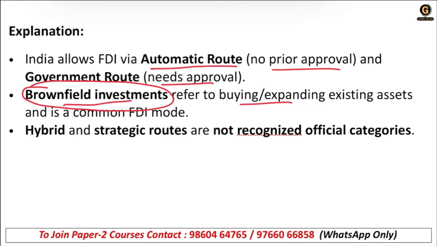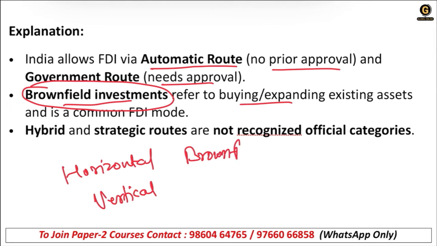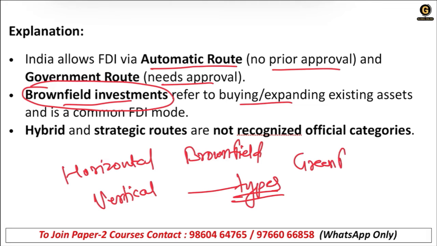We have already covered all the types, like horizontal, then we have vertical, we have brownfield, and Greenfield is also there. All the FDI types we have discussed in the theory session, so go and watch those videos as well. Hybrid and strategic routes are not recognized official categories.